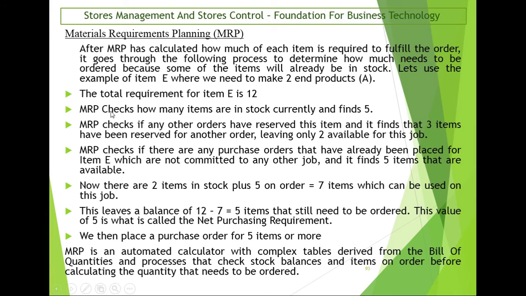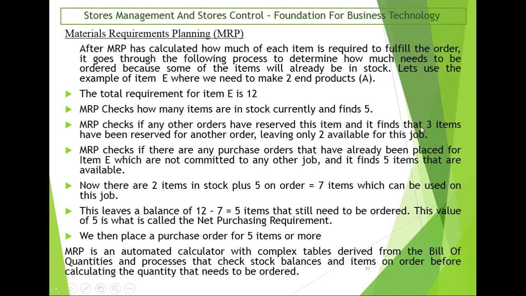Now MRP will check how many items are in stock currently. Let's say, for example, it finds we already have 5 of E in stock. In that case, it will then determine of that 5 which are in stock, is there any other order which have already booked these materials?